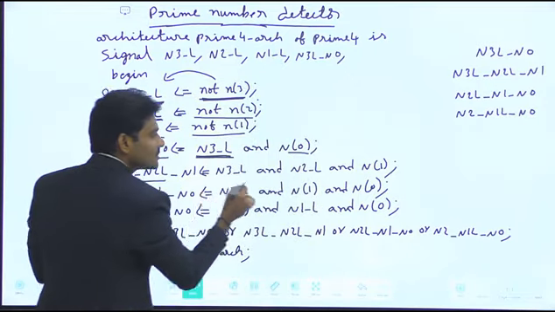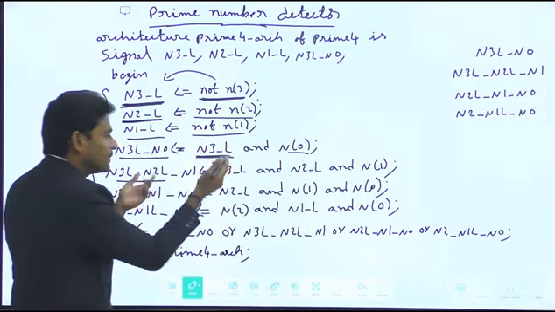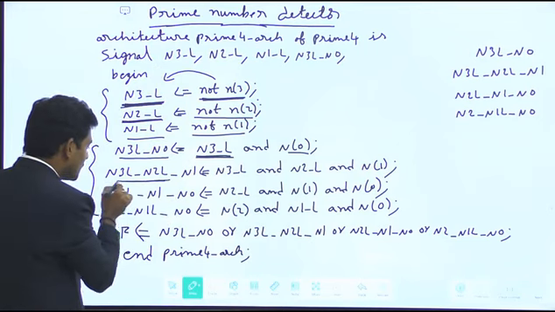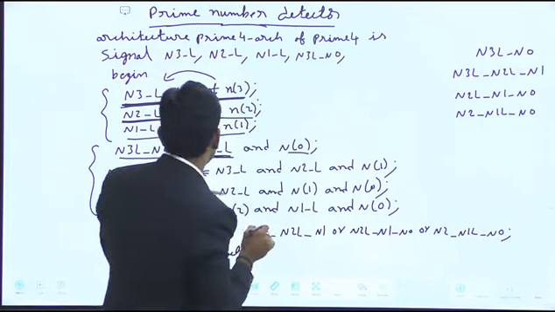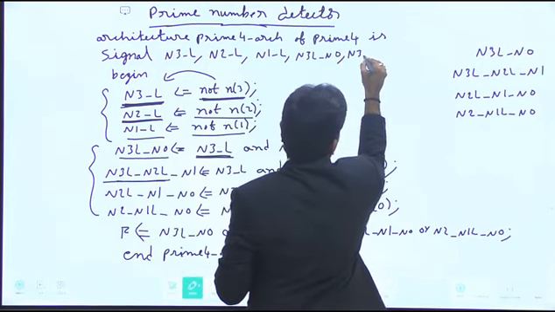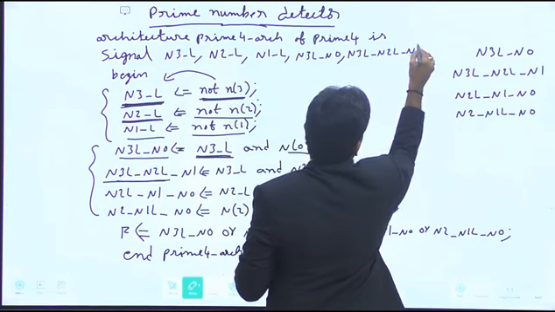Coming to the next one, here also all right-hand side signals are predefined, either in signal declaration or in entity declaration part. But till now I didn't cover N3L_N2L_N1, so I am supposed to mention it. So N3L_N2L_N1.